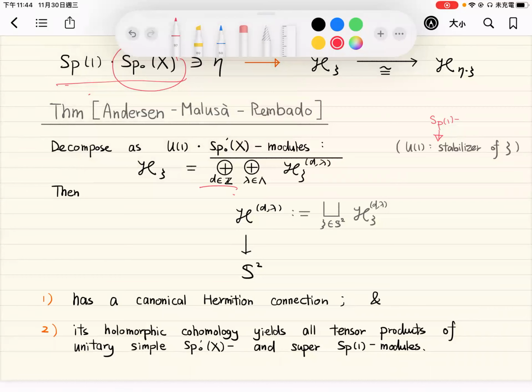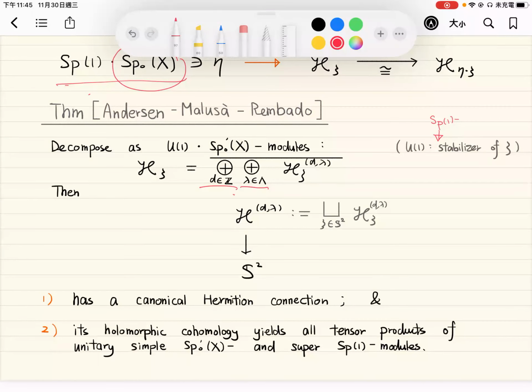So the D is the weight for the U1 part, and the lambda is the weight for another part. And they also form a vector bundle over the two sphere, and the result says that they can find a canonical Hermitian connection, and the holomorphic cohomology uses all tensor products of unitary simple SP0 and SP1 modules.